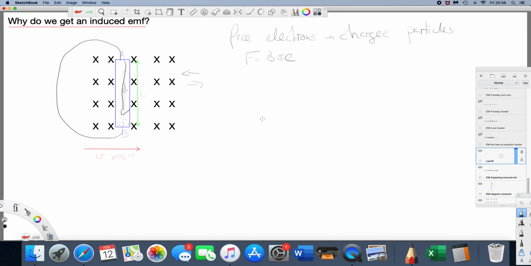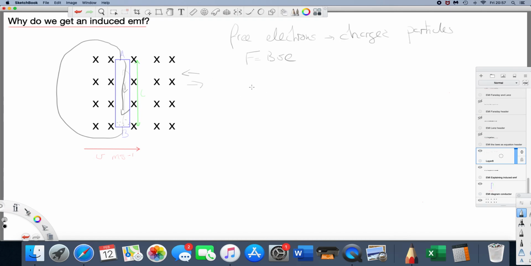So you've got your free electrons experiencing a force in the magnetic field because they're moving. That buildup of electrons at one end compared to the other causes your potential difference. And what you have is an electric field.